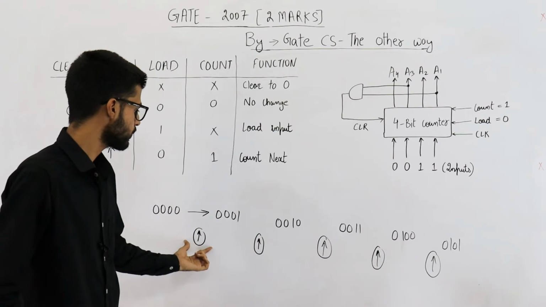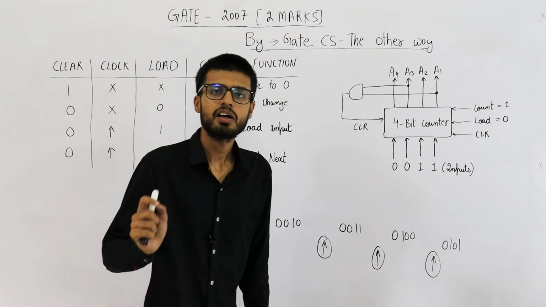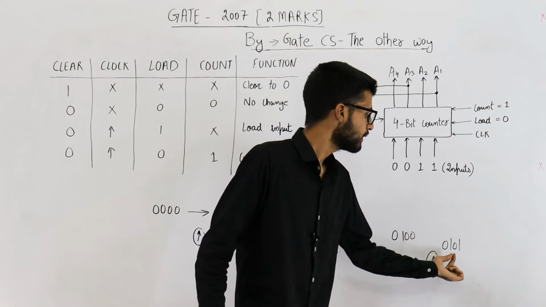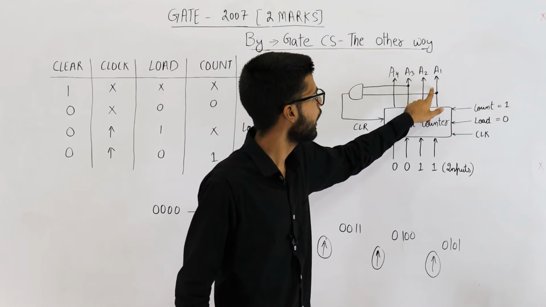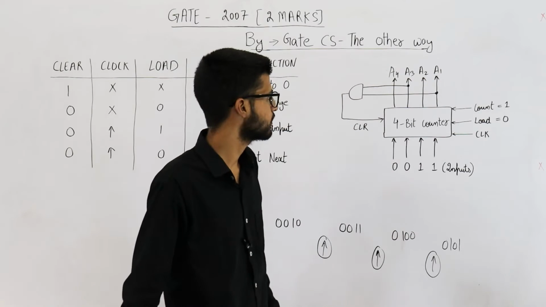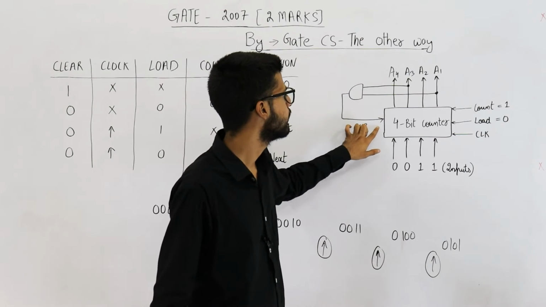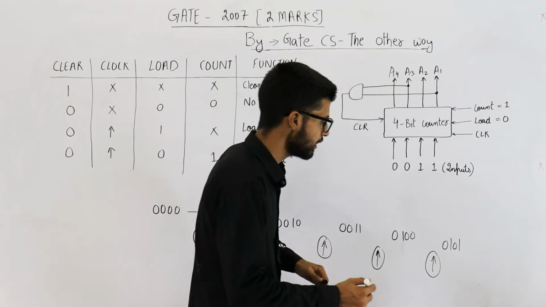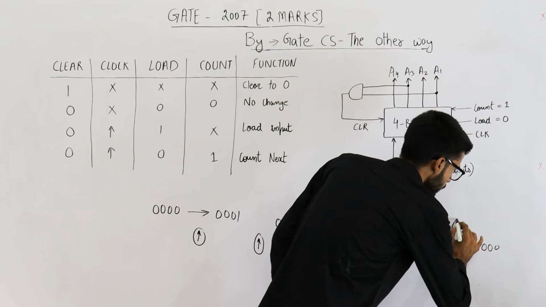So first clock, second clock, third clock, fourth clock, fifth clock. Upon seeing the fifth clock, the output will be 0, 1, 0, 1. You can see this A3 and A1, both of the bits are 1 for the first time. This AND gate will output 1 and a clear signal will be given to the counter. That means after this output will be 0, 0, 0, 0.